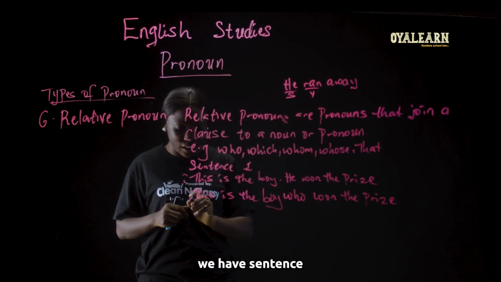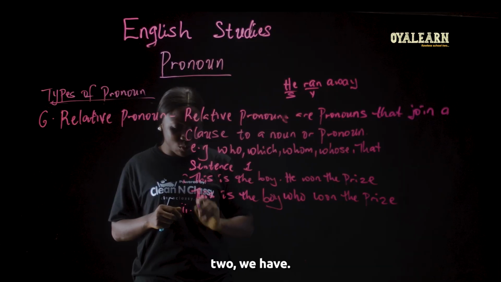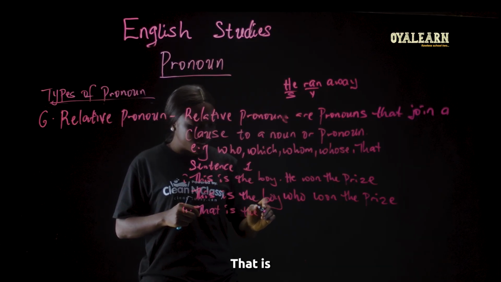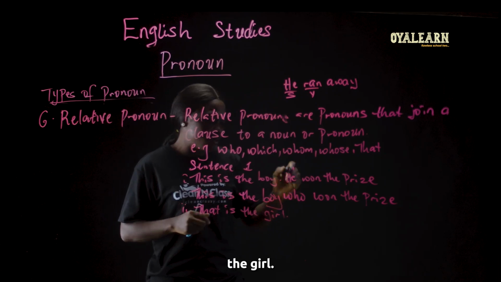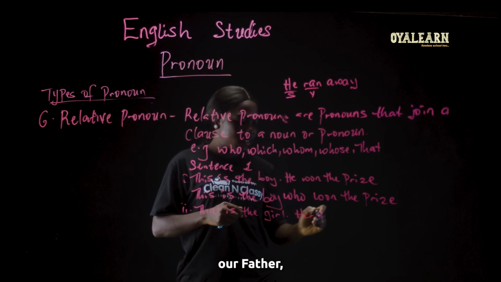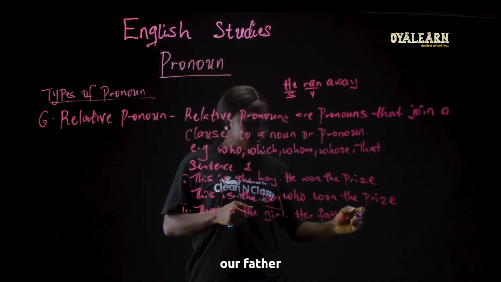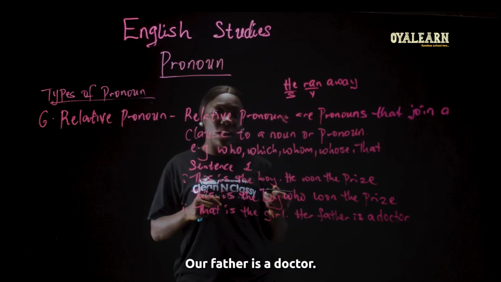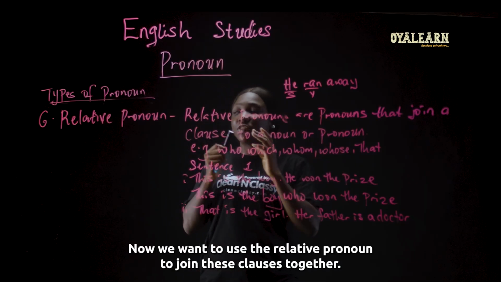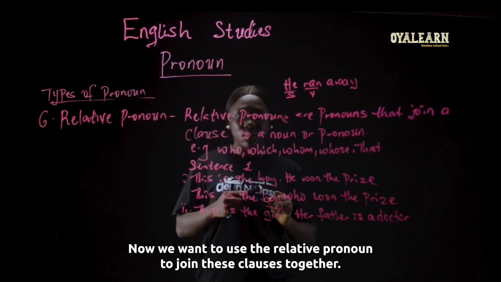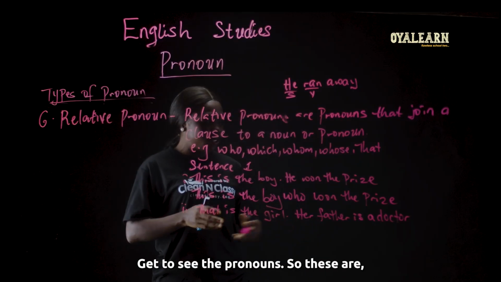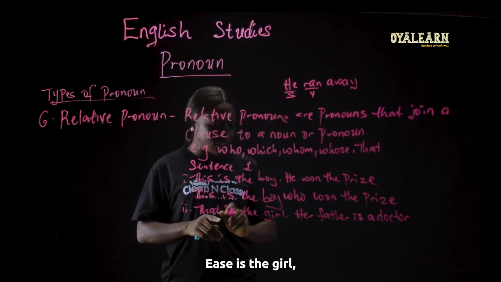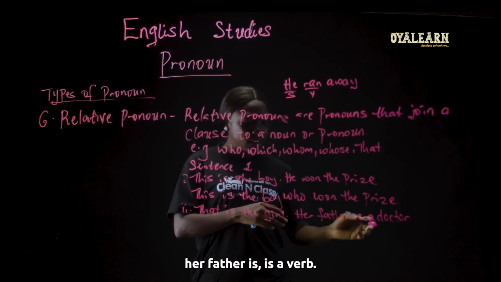Sentence two, we have: that is the girl. Our father is a doctor. You get to see the verbs in these two sentences. That is the verb. Our father is a doctor.